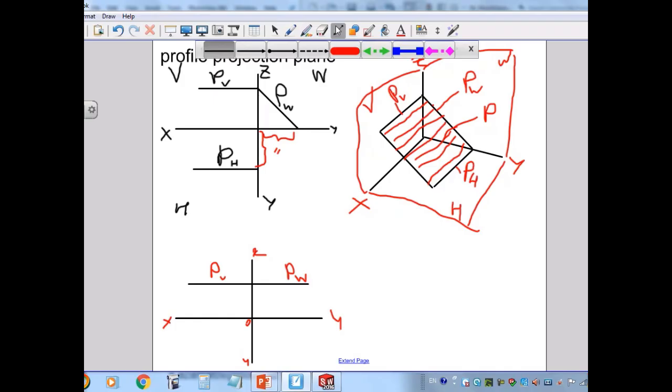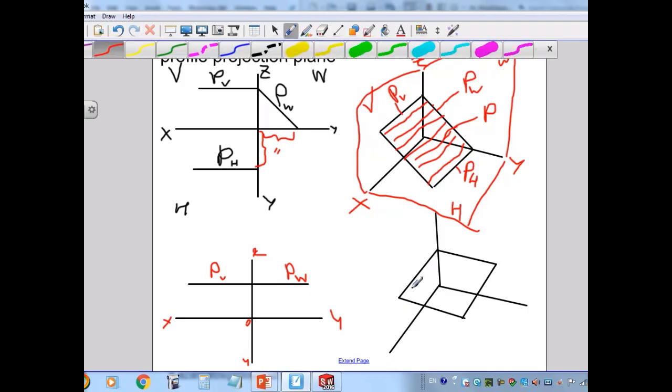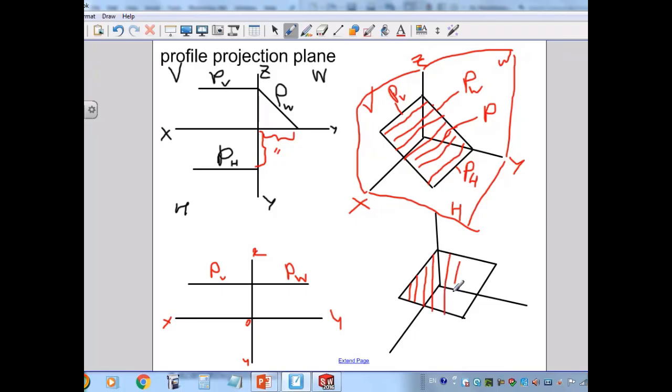In the 3D space it looks like this. So that is the H plane, and that is the given P plane, which is parallel to the H plane.